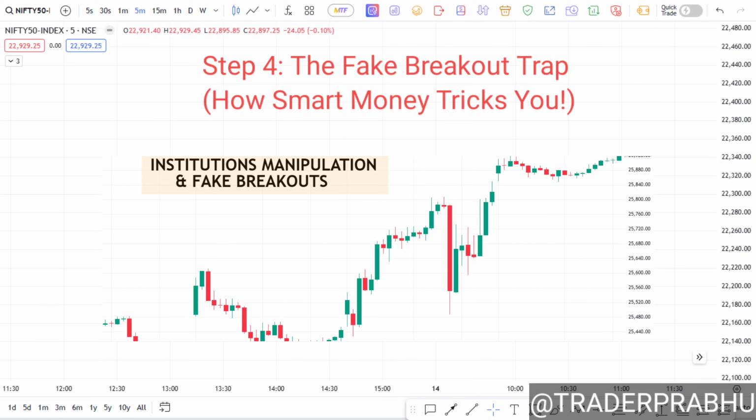Who takes their money? Smart money. This happens at support too. Price breaks below support and traders sell, and then price jumps back.